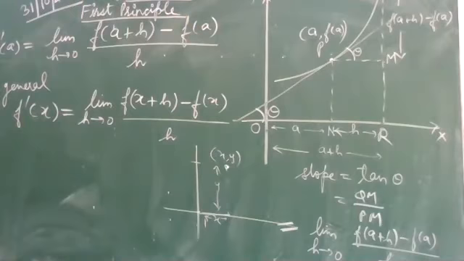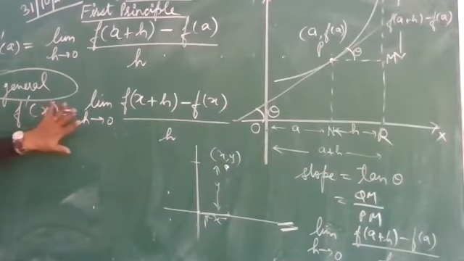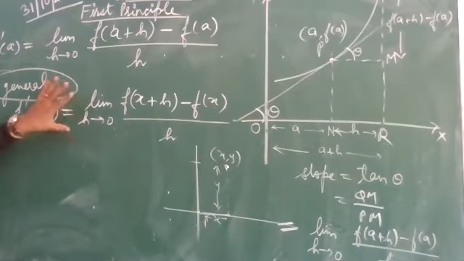And the question is, find the derivative of the given function using first principle. Okay? Find the derivative of the given function using first principle, and in that case we will use this general form, because the function will be given in terms of x and y, and we have to find the derivative using this general form, which is termed first principle.